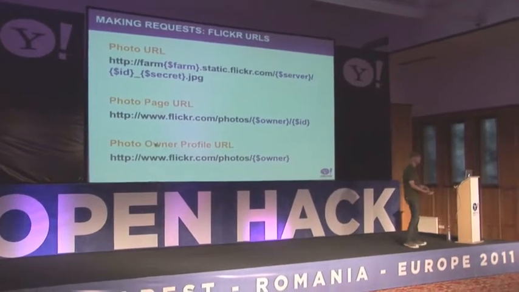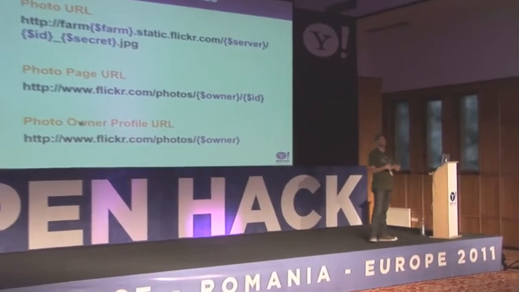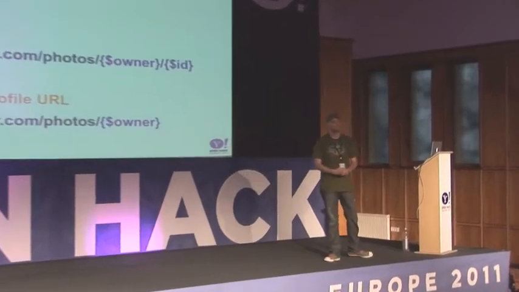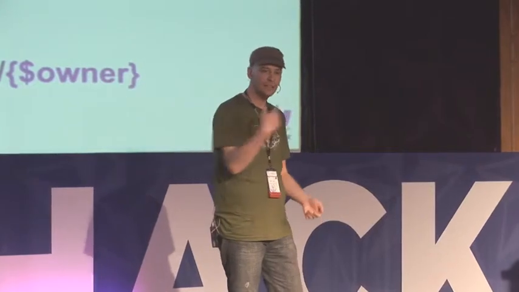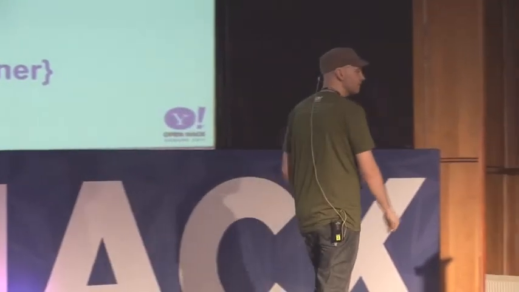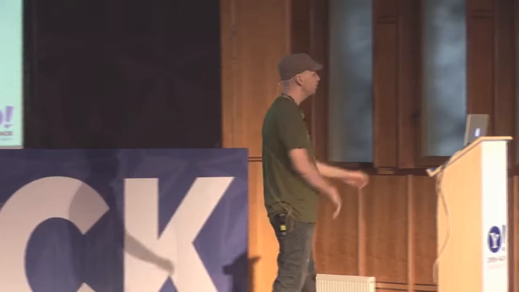You can build that page URL. Then, if you want to give a link back to the owner's profile, the person who created the photo, which is always a good thing, I know. If you take a photo, you might want someone to link back to your profile just to show that you actually created it. And you can build the owner's profile based off this as well, just by passing in the owner information. So using the pieces of data, this is how you would do it.